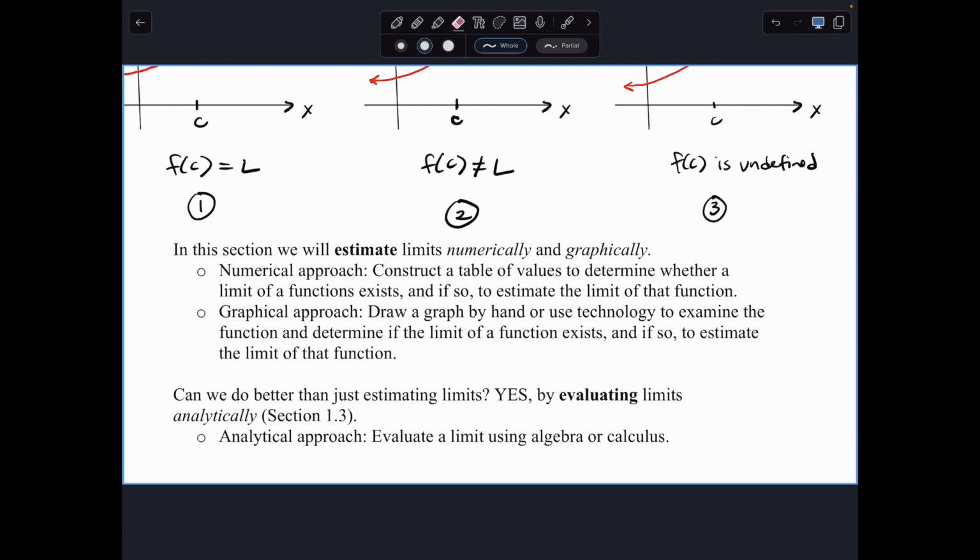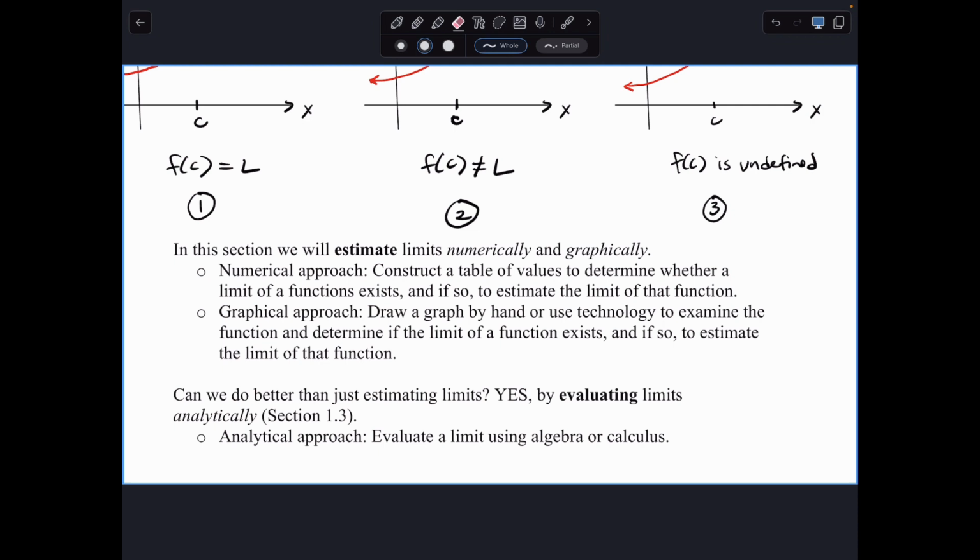Now, we can do better than just estimating limits. So we can think about evaluating limits analytically, and an analytical approach would be either using algebra, which we will maybe start next class, maybe not, I'm not sure, but it's what we would lead off with in the fall, or using calculus.